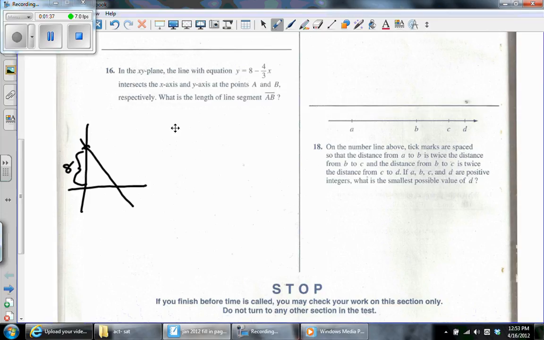Now, what I need to find is what this distance is. So the way we do that is we take y equals 8 minus 4 thirds x, and the y value of this point is 0. So we have 0 equals 8 minus 4 thirds x.